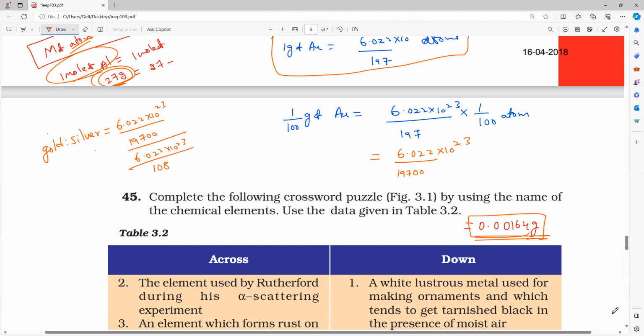Not 8, 108. So it will become reversed, and this will get cancelled. We get 108 divided by 19700. So that is our ratio: gold versus silver ratio is 108 divided by 19700.